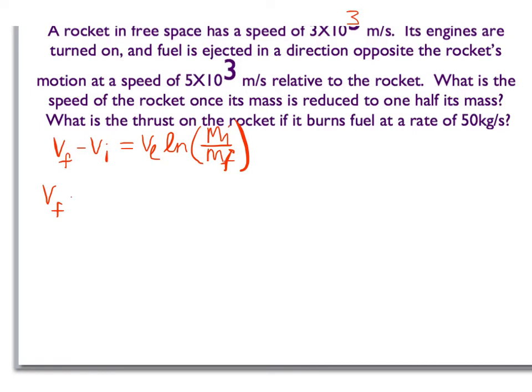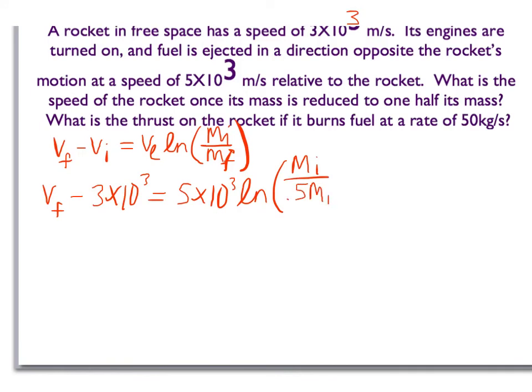The initial velocity of the rocket was 3 times 10 to the third. The exhaust velocity was 5 times 10 to the third. And we want to take the natural log of the initial mass divided by the final mass, where the final mass is exactly half of the initial. So basically we're looking at a natural log of 2.